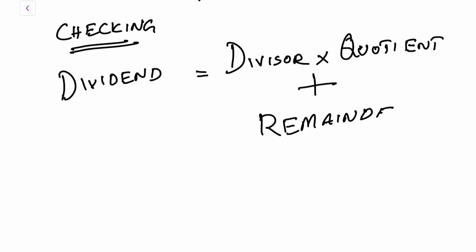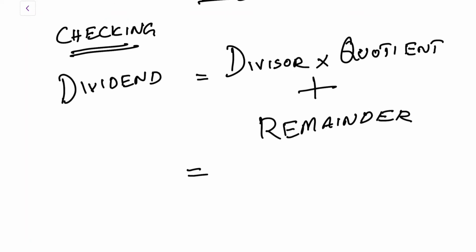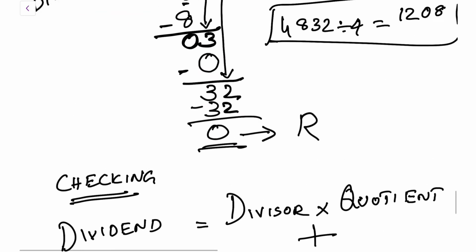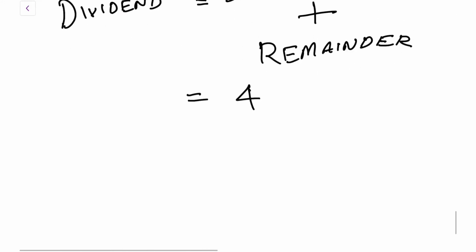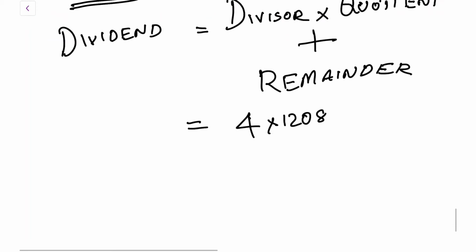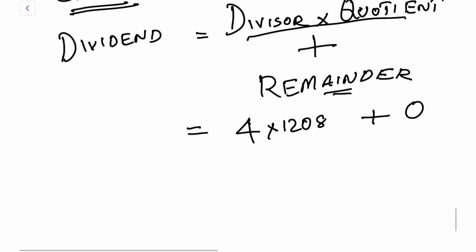So we can use this formula to do the checking. So let's solve this. Divisor into quotient. What is divisor? 4. That's right. And quotient is 1208. So 4 into 1208 is divisor into quotient. Now I'm going to write plus. And what is remainder? 0.